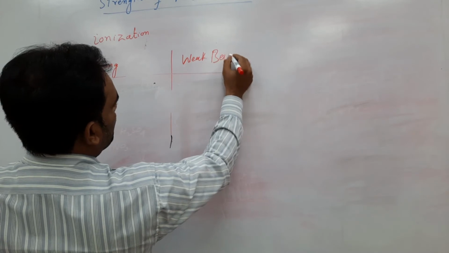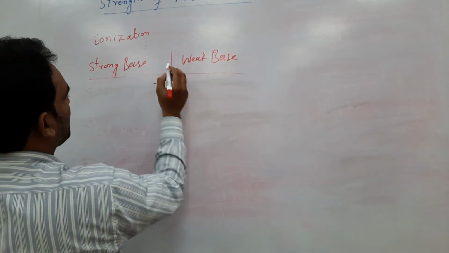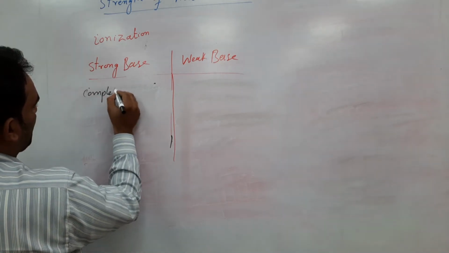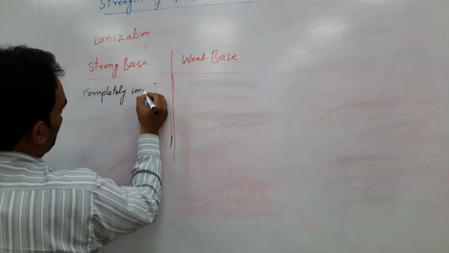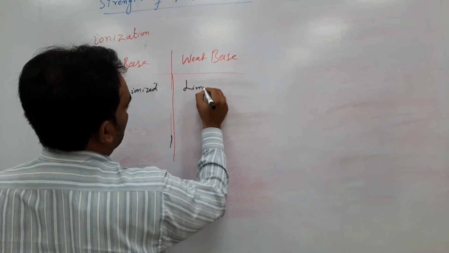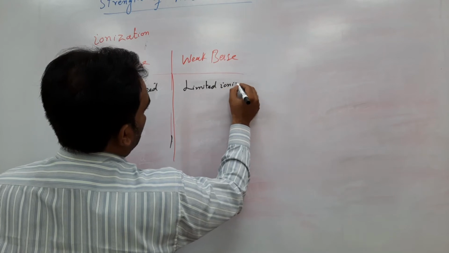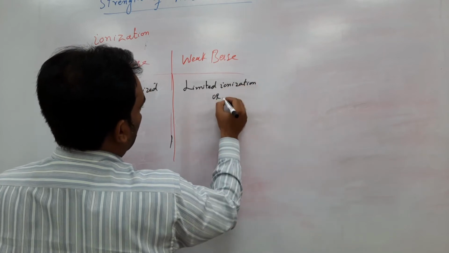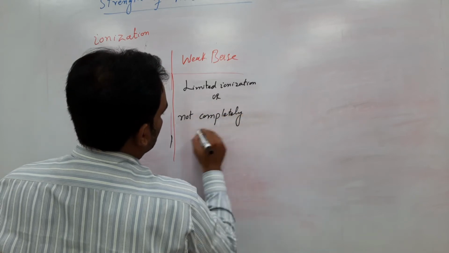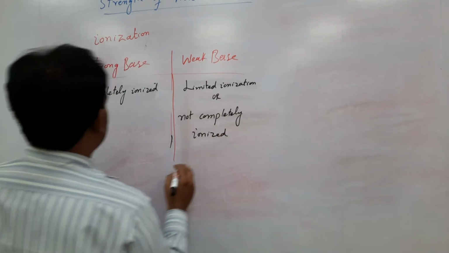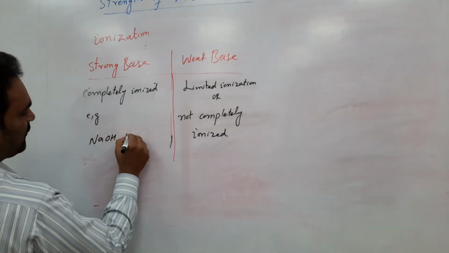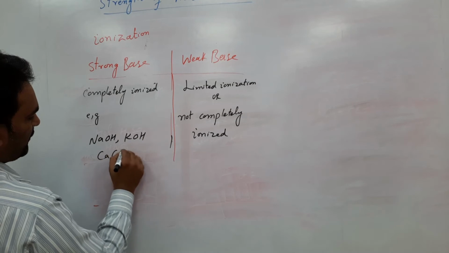Weak base and strong base. Strong bases are completely ionized, such as sodium hydroxide, potassium hydroxide, calcium hydroxide.